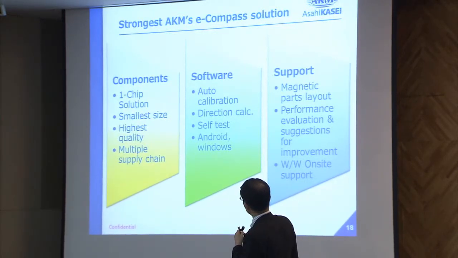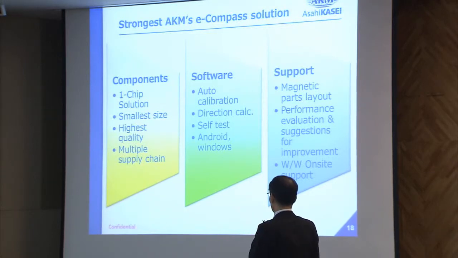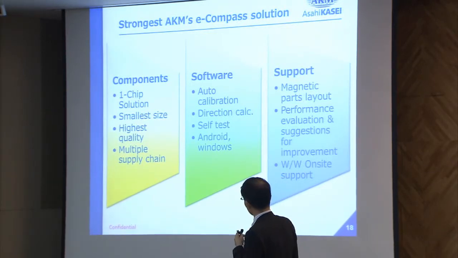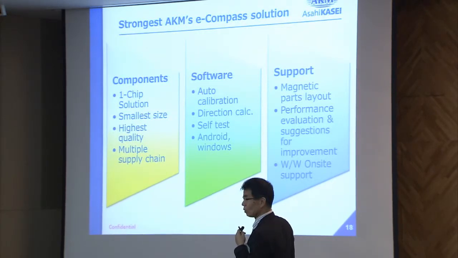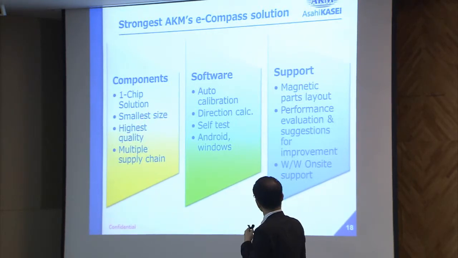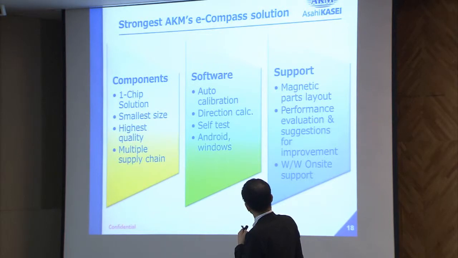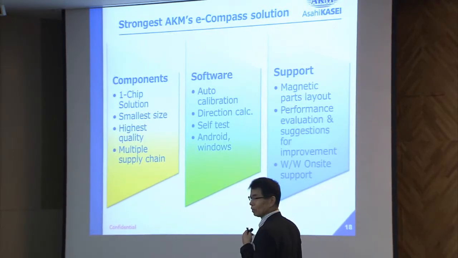Our component is made by a one-chip solution with a silicon monochip die. So we can make the package size smaller and smaller. And the big advantage of software is auto calibration. And regarding the support, we can suggest a better magnetic layout for the customer's system. And we can do it worldwide, on-site.